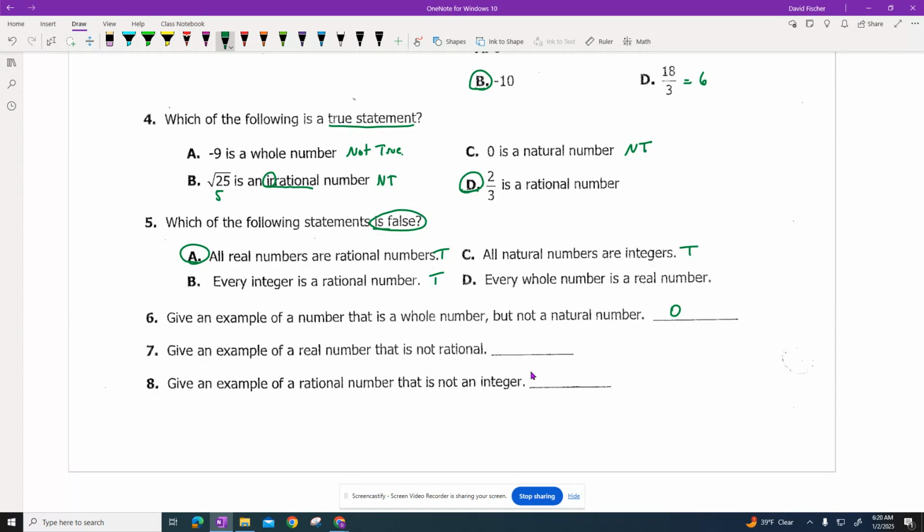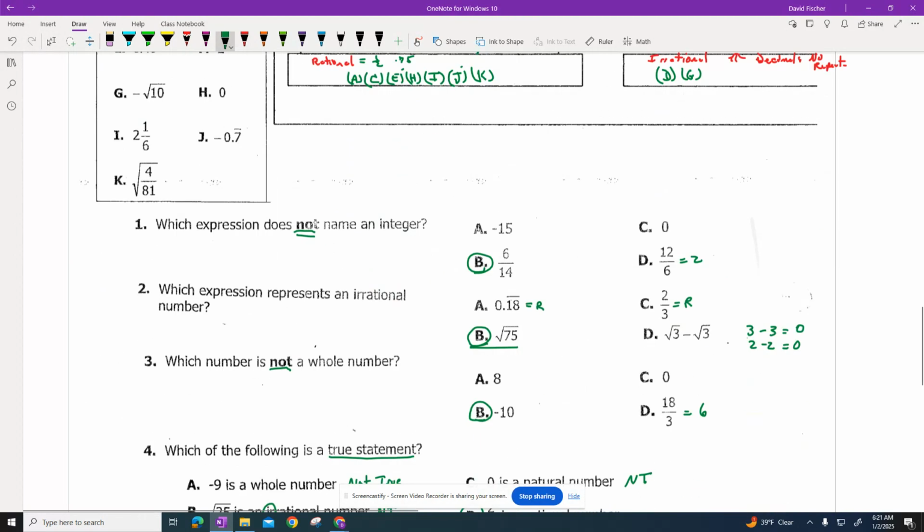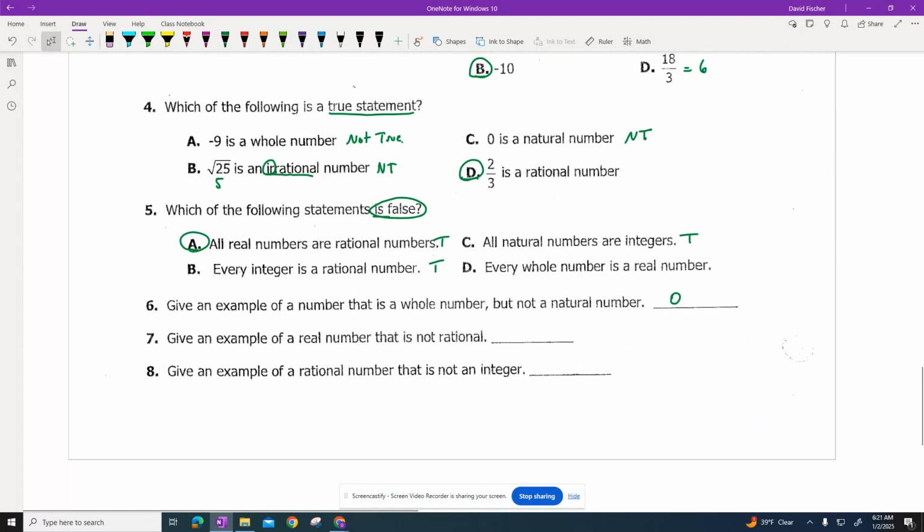Give an example of a real number that is not a rational number. So a real number, well, all numbers are real numbers, so really I'm looking for anything that's over here. I'm looking for really an irrational number. So pi would be one, square root of 2 is one. That one comes up all the time.